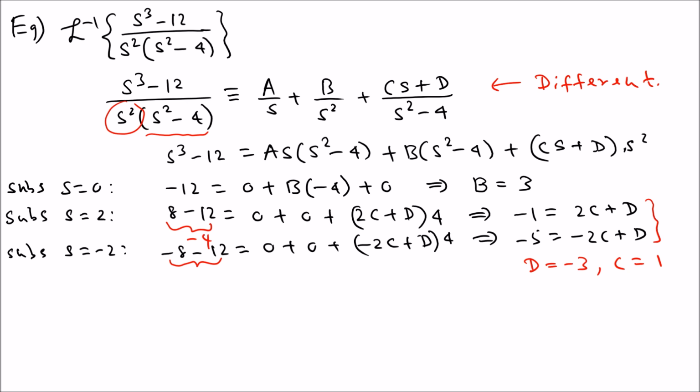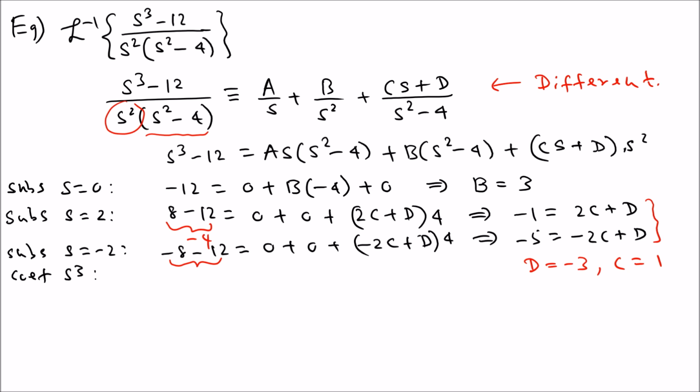Now the only thing that you need to find is a. To do that, we can just substitute another value. That's one way to do it, or just go with the coefficients. I'm going to go with the coefficient of the largest term. That's always a nice trick. The largest term is s cubed.